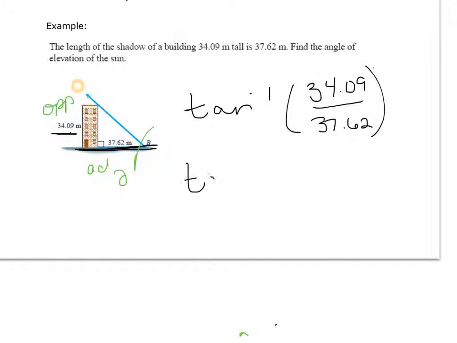So tangent inverse of that is going to equal B. So tangent inverse, when you punch that in your calculator, it's going to give us 42.8 degrees is the measurement of angle B.